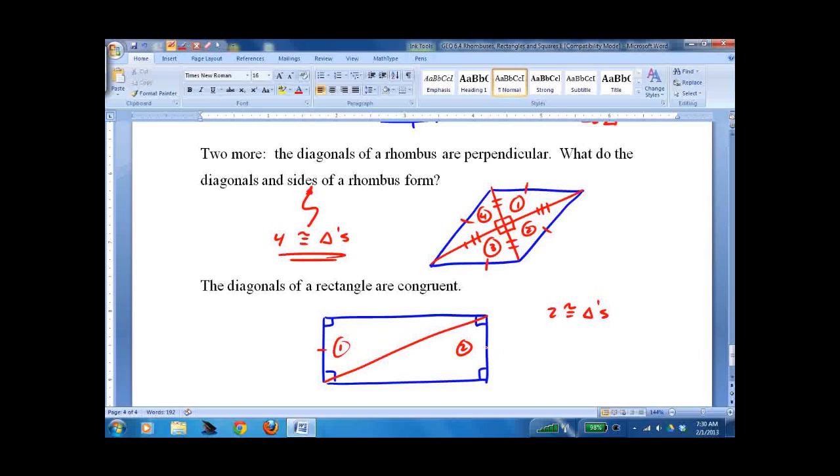We know that this is congruent to this is congruent to this is congruent to itself. But at the same time, we also know we have 2 congruent diagonals. That's it. Good luck.